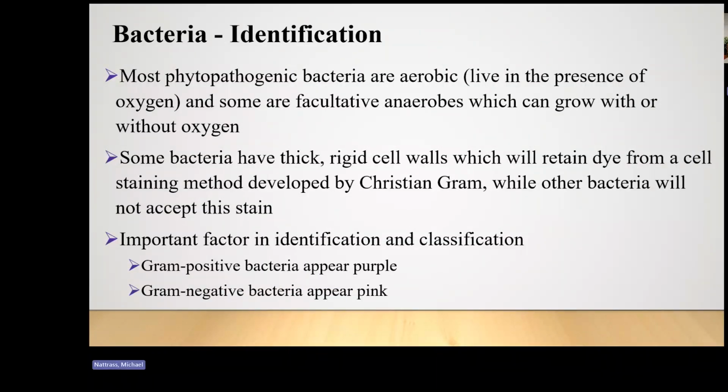So most of them are going to be aerobic. If you remember from soils, we've got obligate and we've got facultative. Obligate require either aerobic or anaerobic conditions, whereas facultative can survive in either. They have a preference, but they can survive in either.